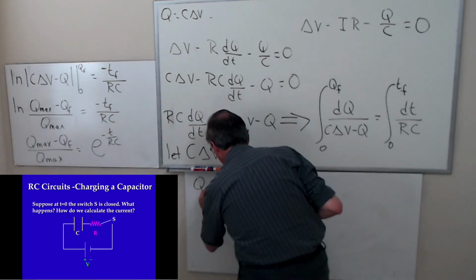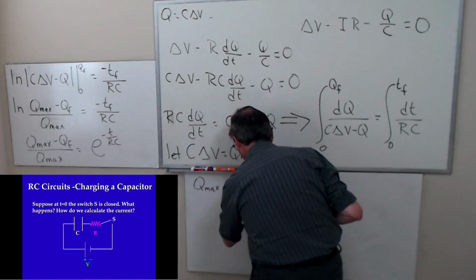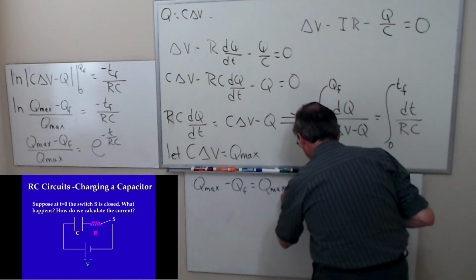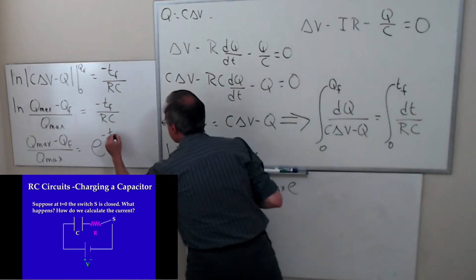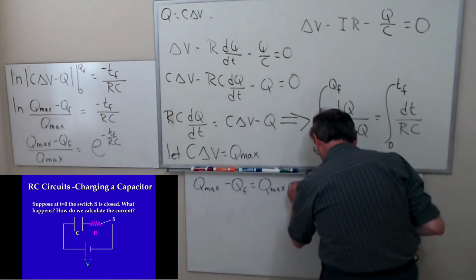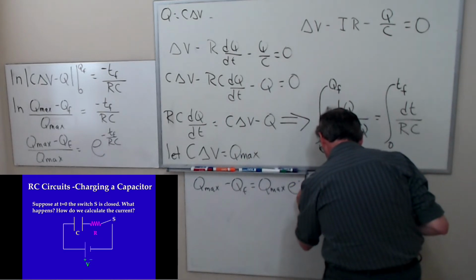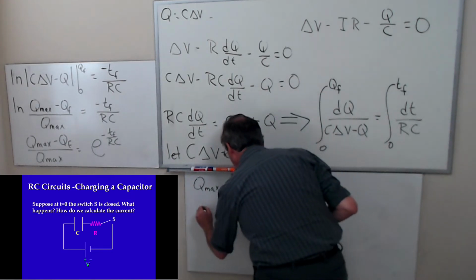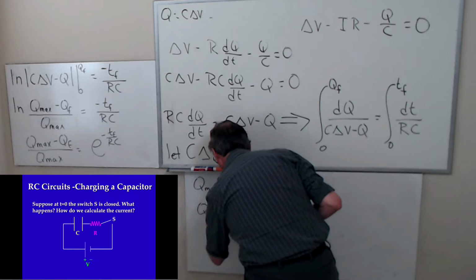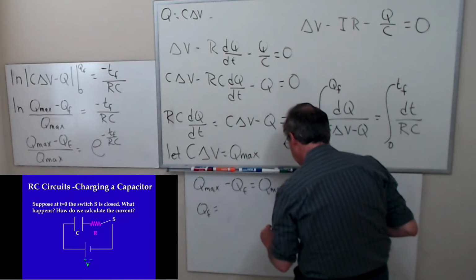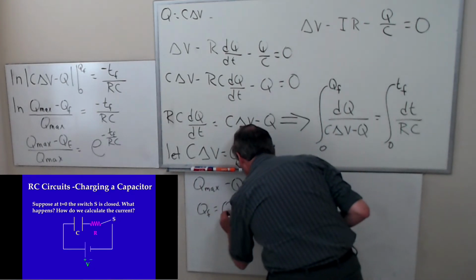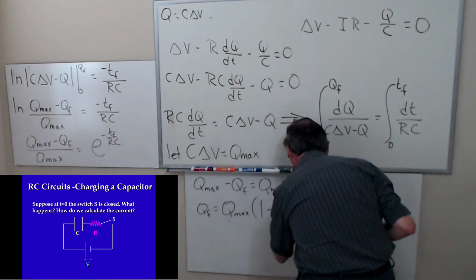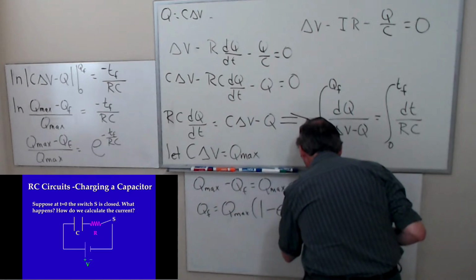Now I got to write down here. And let's solve for Q final. Q final ends up being Q max times 1 minus e to the minus t final over RC.